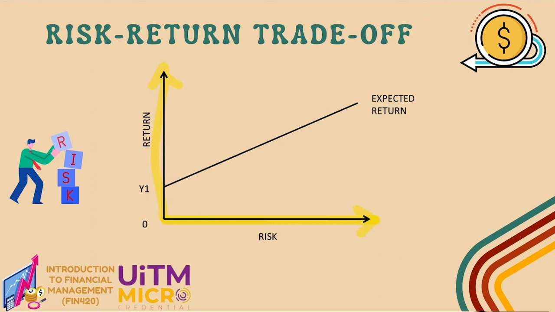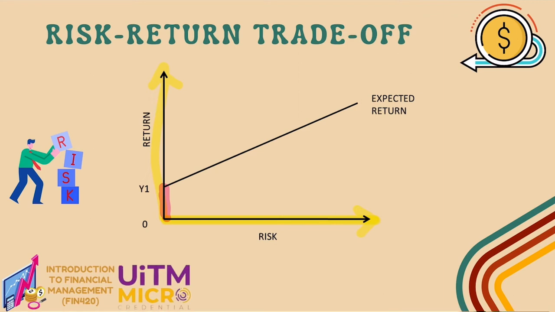And then if you look at this line, which is from 0 to Y1, it is called the expected return of a risk-free investment and is commonly associated with government treasury securities such as T-bills.